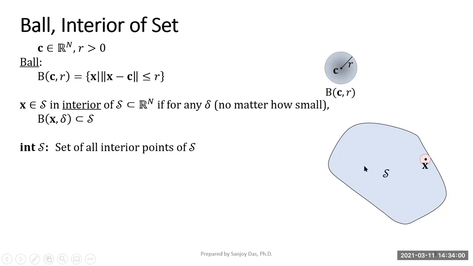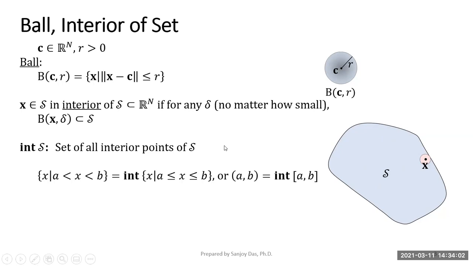Everything else is in the interior. So this straight line segment, A is less than X is less than B, is the interior of the closed straight line segment A is less than or equal to X is less than or equal to B.